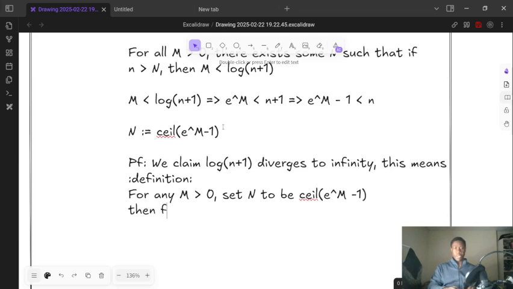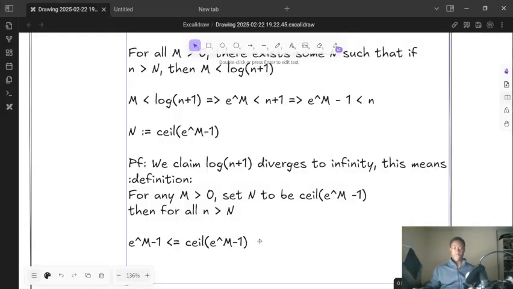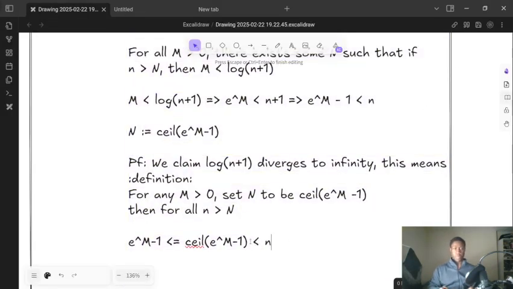Then for all n greater than N, we have the ceiling of e to the m minus 1. Well, clearly this is going to be less than or equal to just the inside of the ceiling function, right? And on this side we have a strict inequality with n.